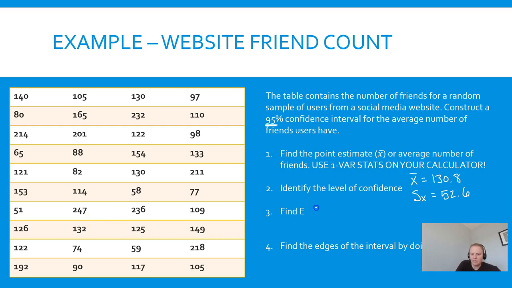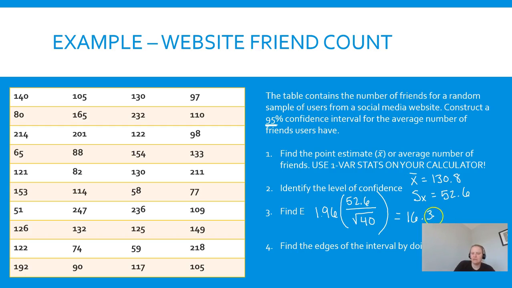So my margin of error is going to be Z sub C, 1.96, multiplied by the standard deviation we got from our calculator, 52.6, over the square root of n, and n is how many samples we had, which was 40. Now grab your calculator and do this math for the margin of error. We're going to round to the nearest tenth here, so 16.3, and the next number was 0, which you don't need to write. So 16.3 is our margin of error.